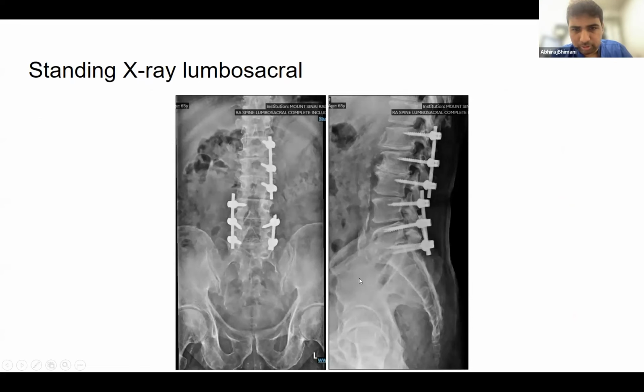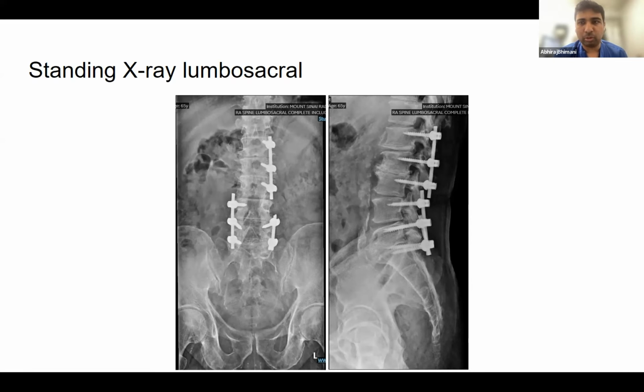That one seems okay. All right, so for this patient, overall, I'm going to offer a revision of the original construct. Specifically, since we're trying to increase the lordosis, to give the patient more lordosis from L4 to S1, we can do Ponte osteotomies at L4 and L5, and then instrument.